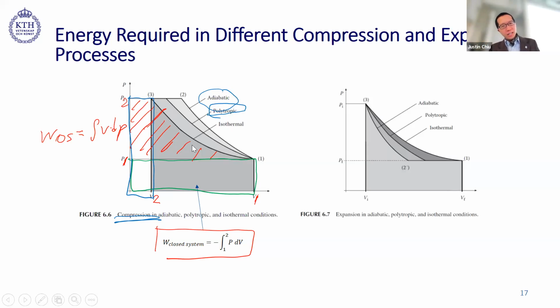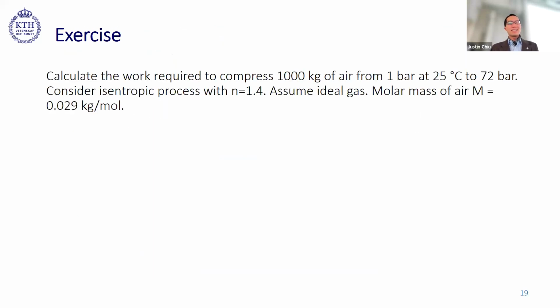In the isothermal case, I'm sort of extracting, cooling down. I'm getting all the energy away. So my bad on the graph over there. So here, adiabatic and reversible, that's an isentropic process with the ratio of Cp to Cv as 1.4. We assume it's an ideal gas.